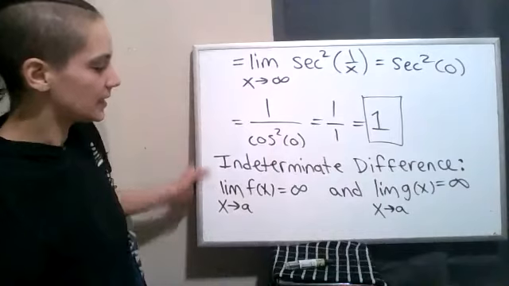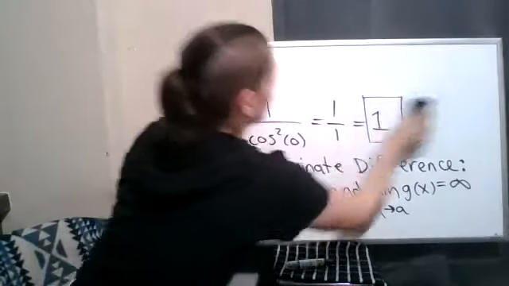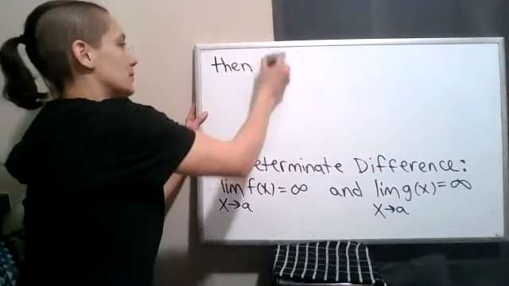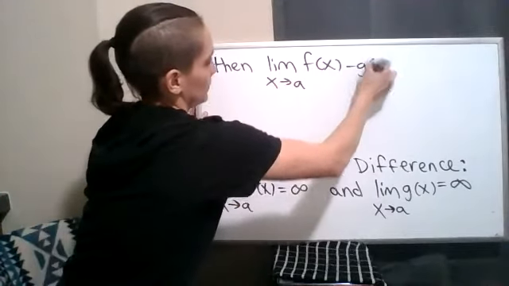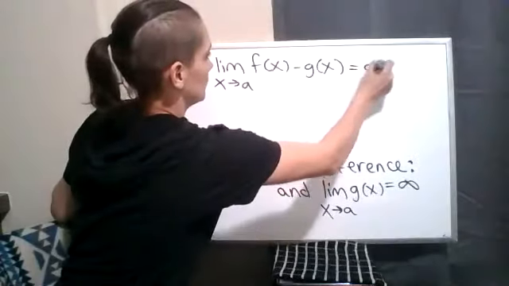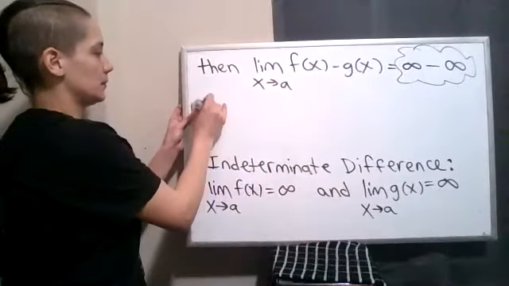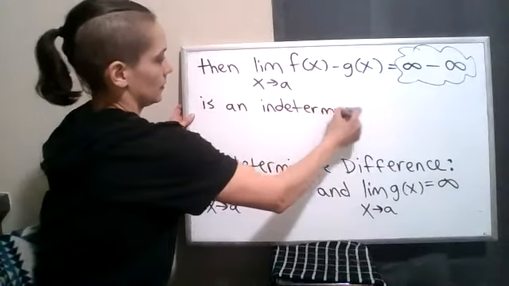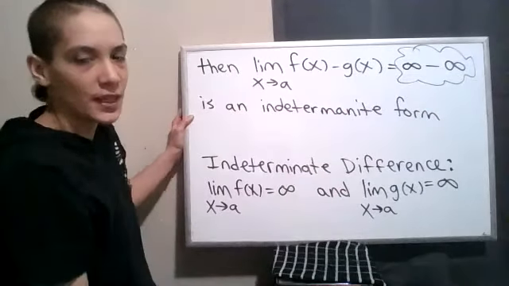Then you look at the limit as x goes to a of f of x minus g of x, being equal to infinity minus infinity, which is another indeterminate form, of type infinity minus infinity.